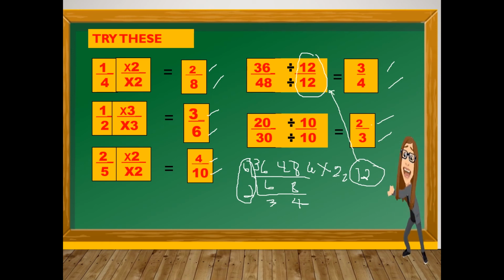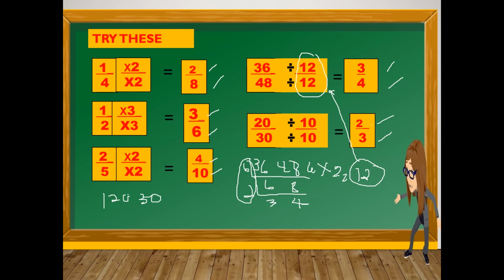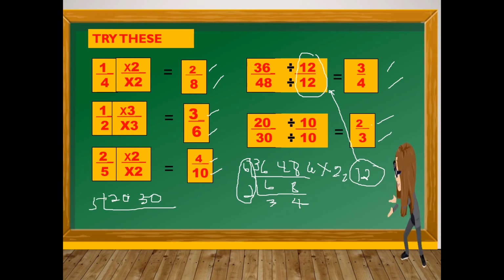This one, 30 over 20. So 20 and 30. What is the common factor for 20 and 30? 5. So 5, we have 4, and we have 6. Now, the common factor for 4 and 6 is 2.